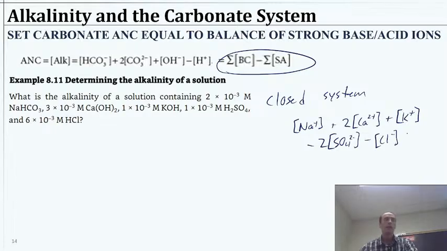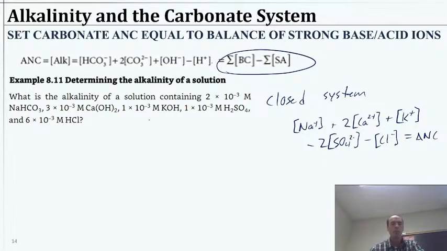If we sum up these guys, that should be our acid neutralization capacity. They are all something times 10 to the minus third, so I'm just going to ignore that for a second and say we have 2 sodiums, we have 3 calciums times 2, so that's 2 plus 6, that should give us 8.